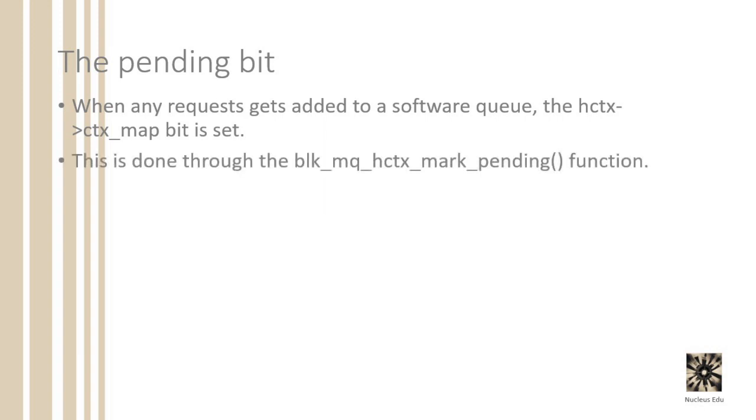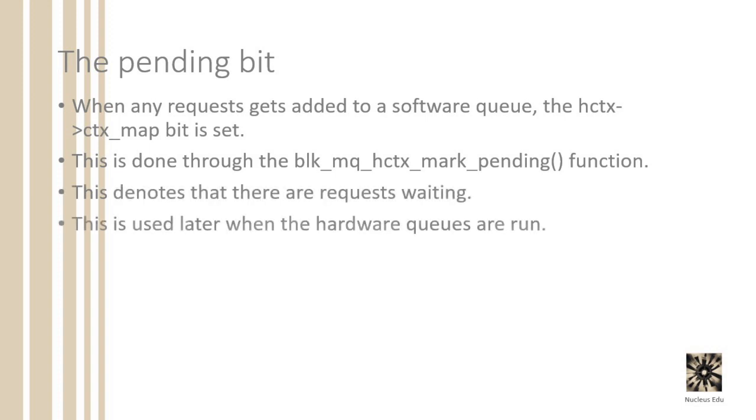Right, this is done through the function blk_mq_hctx_mark_pending. This marked bit is checked when requests from the hardware queue are to be dispatched, and what it means is if the bit is on, there is a pending request in that software queue. Right, so this will be used and discussed later when we discuss hardware queues and how they are run.